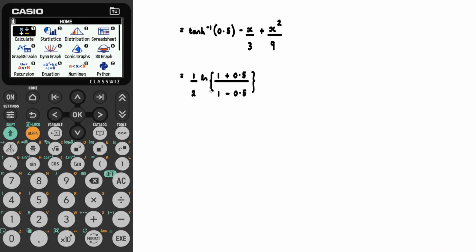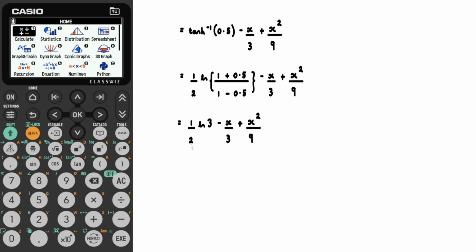So we have a half times the natural log of (1 plus 0.5) over (1 subtract 0.5), and then we have negative x over 3 plus x squared over 9. 1 plus a half over 1 subtract a half is 3. So we've got a half times the natural log of 3, subtract x over 3 plus x squared over 9.